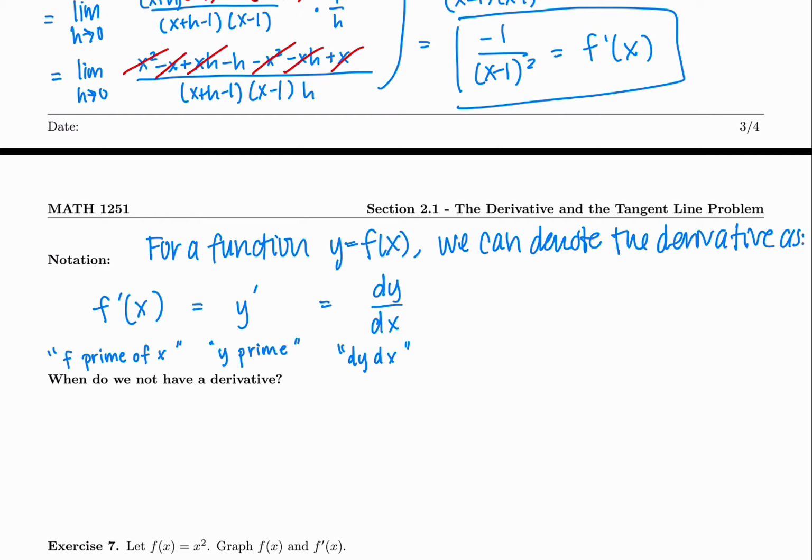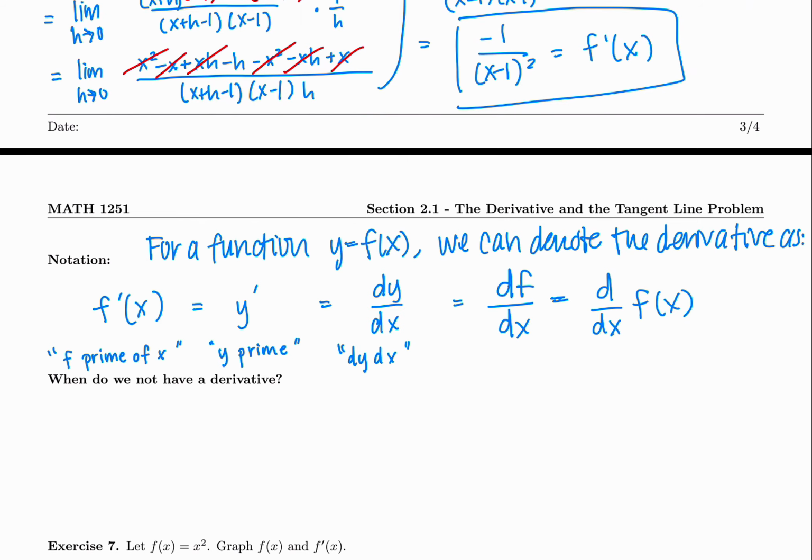Those that I just wrote are really the most common. We also might say df dx, that would come up too, or the derivative with respect to x of the function f of x. That's also a pretty likely possibility.